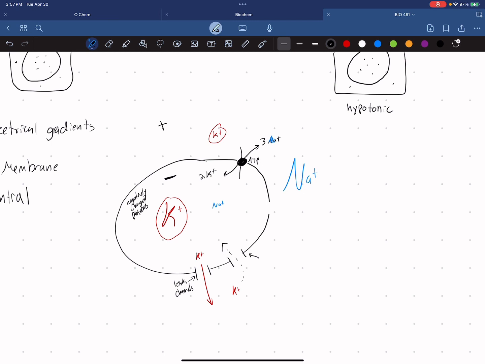And so this potassium here will get brought back into the cell because of this negative charge, the prominent negative charge that is inside of the cell here.